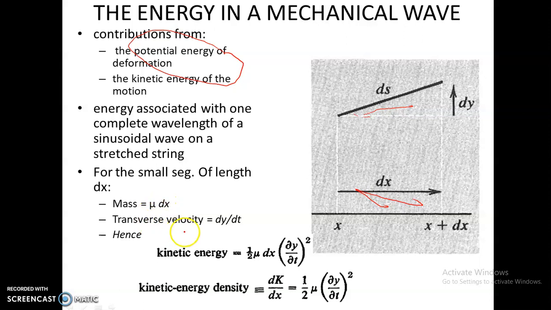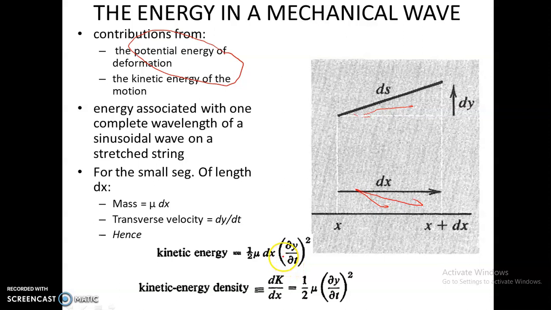And the transverse velocity, that is the velocity with which the string moves, will be essentially the change of the y parameter with respect to time, that is dy by dt, and it is this y parameter that will often be represented in a wave, as you have seen earlier. Then the kinetic energy of this length dx will be equal to half into the mass of the specimen mu dx into velocity square. Velocity is dy by dt, so dy by dt whole square.